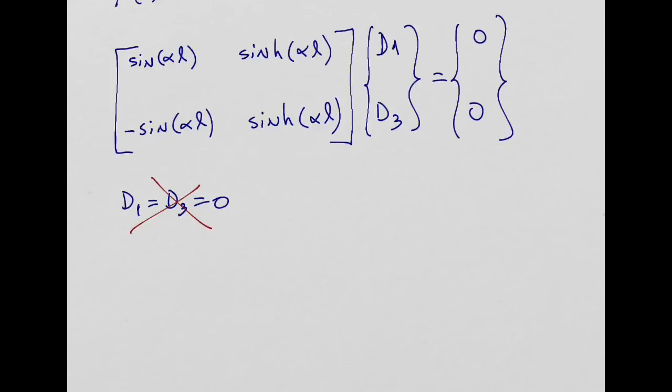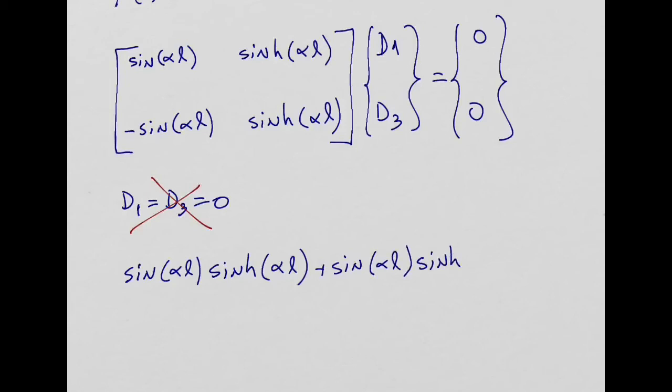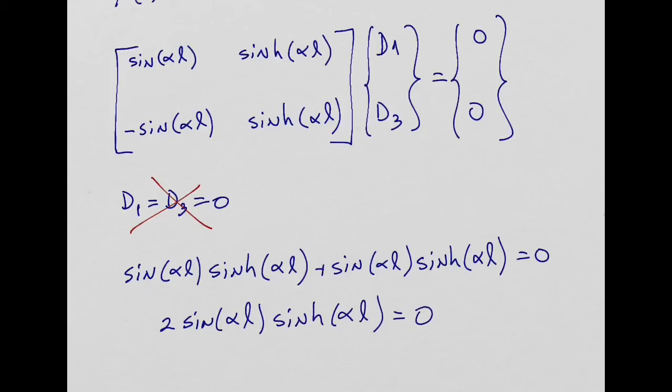The determinant will be sine of alpha L times hyperbolic sine of alpha L plus sine of alpha L times hyperbolic sine of alpha L equal to 0, or if you want, 2 sine alpha L times hyperbolic sine of alpha L equal to 0.